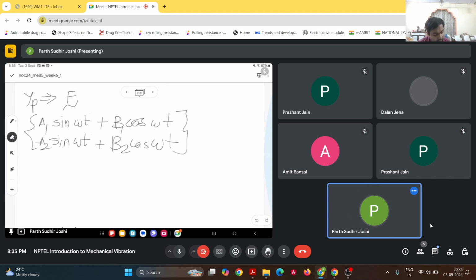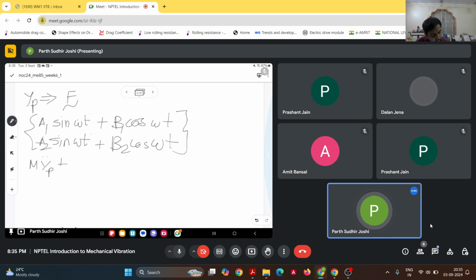So what was our original differential equation? It was basically m y double dot plus c y dot plus k y equal to F. Now we substitute yp in the differential equation.